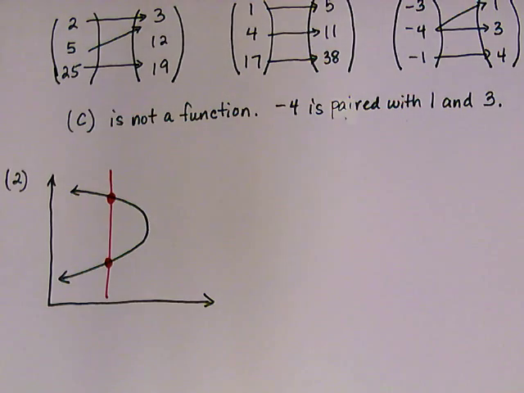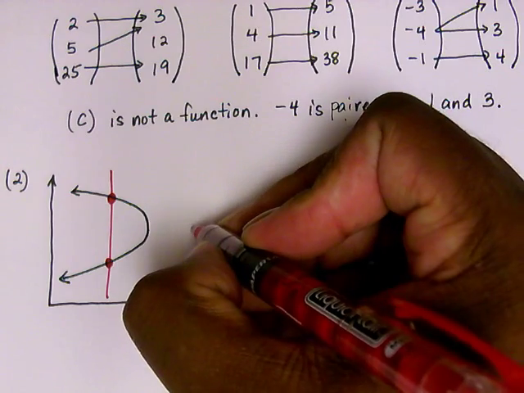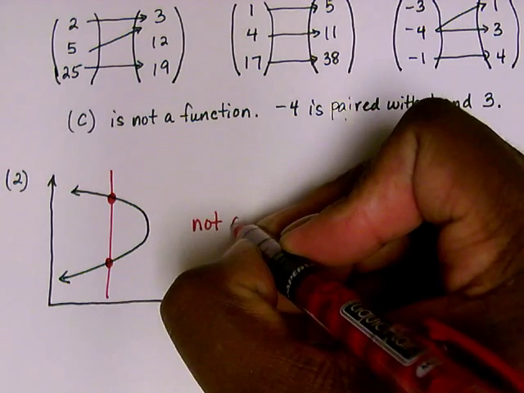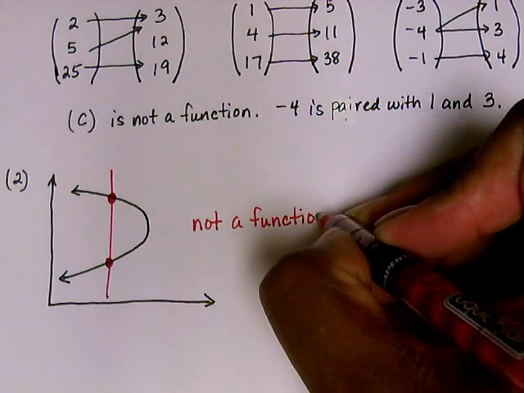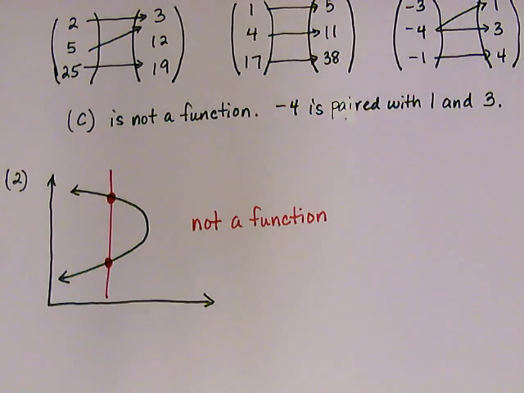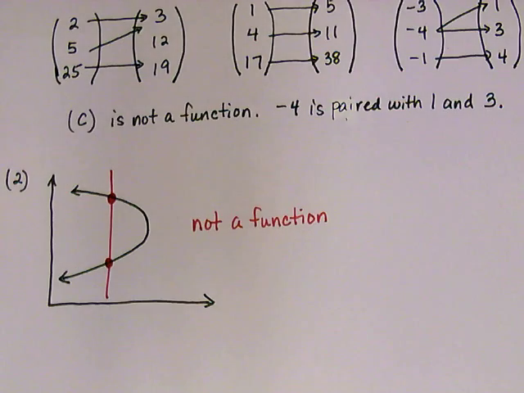So this particular graph is not a function because it failed the vertical line test. Again, for it to be a function, the vertical line can only cross the graph at only one place. Here it's crossing the graph at 2 different places.